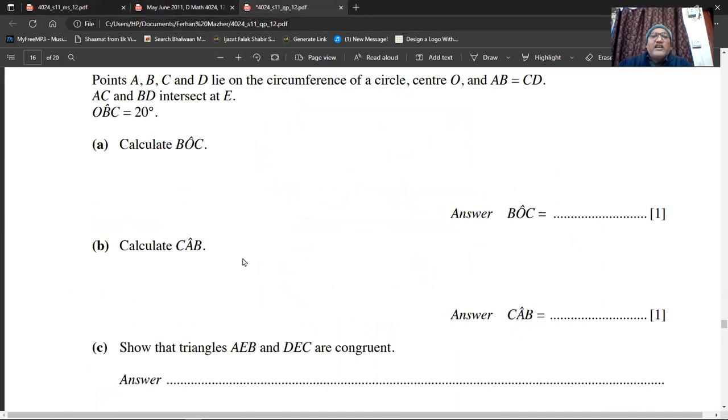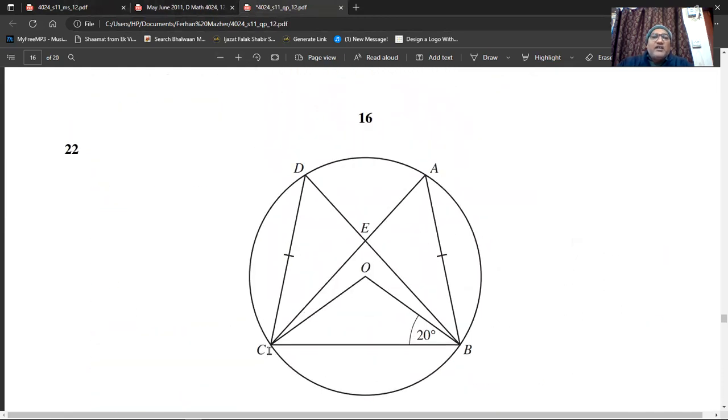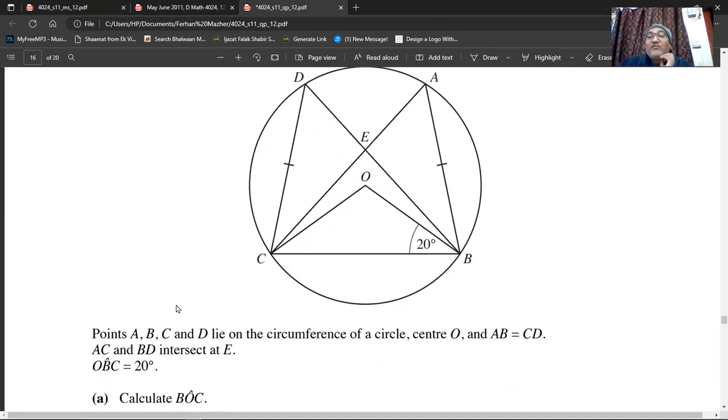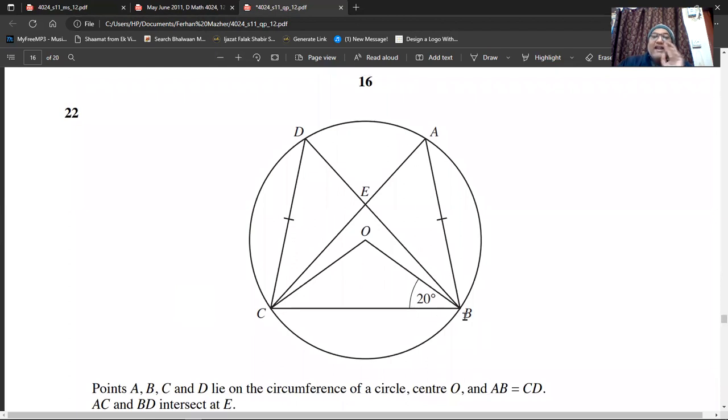Then their question is calculate the CAB. The CAB, this angle. If you look here, CB is the chord and the ends of the chord went to the center, and this angle was 140. Sorry, I said 144, it was 140. And the ends of this chord went to the circumference at point A. Then you know the property is that the angle at the center is 2 times the angle at the circumference.